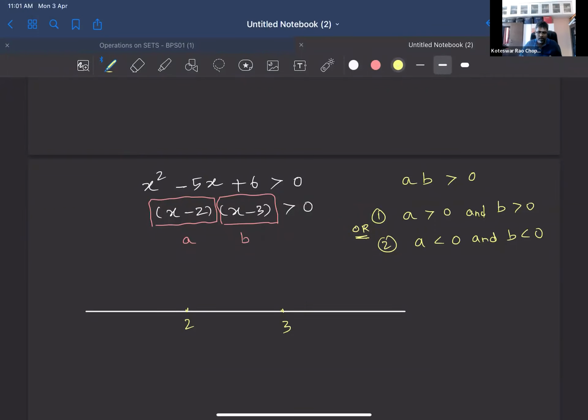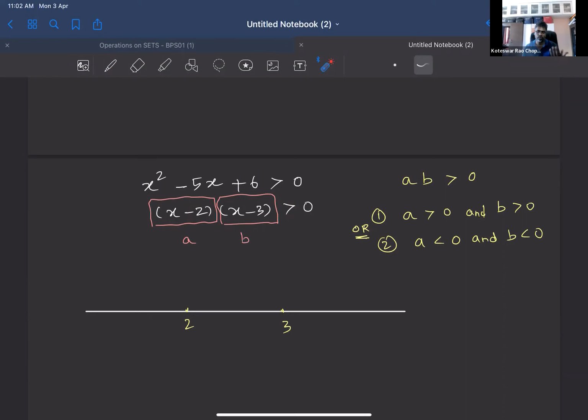Now, first look at 2 and 3. If I'm interested in solving this greater than inequality, do you think x equal to 2 will satisfy it? If you put x equal to 2, whatever I get on the left-hand side, will it be greater than 0? What do you think, guys?